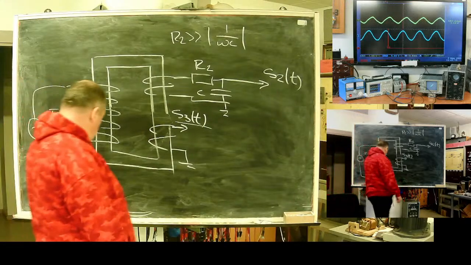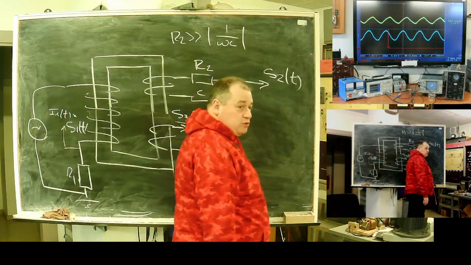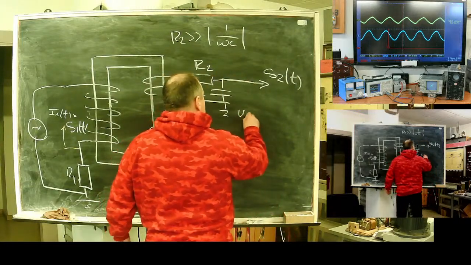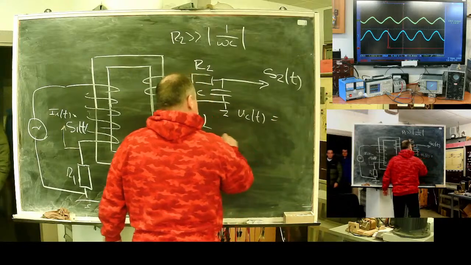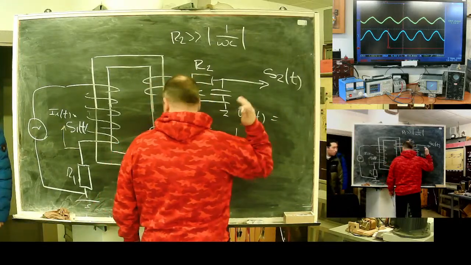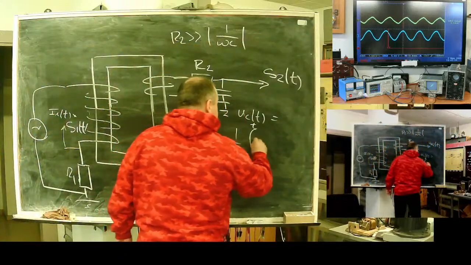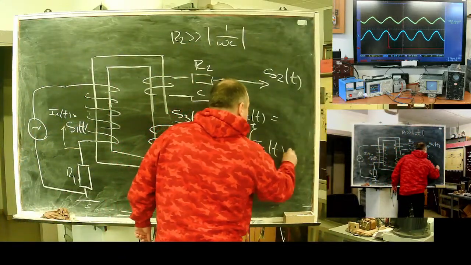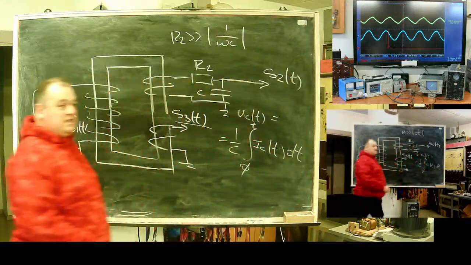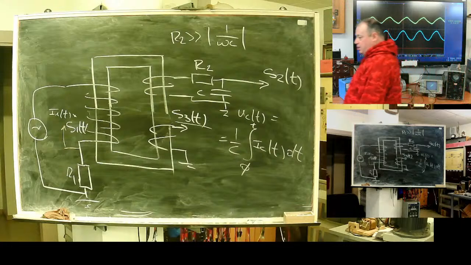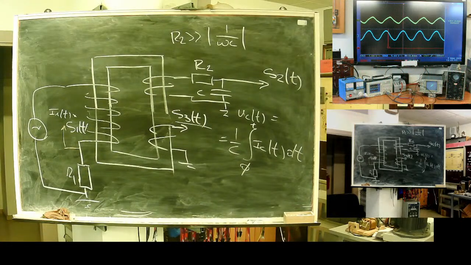What do we know about the capacitor's voltage? Capacitor voltage is a sum of all charges accepted by the capacitor, yeah? Or I should integrate the capacitor current in time.